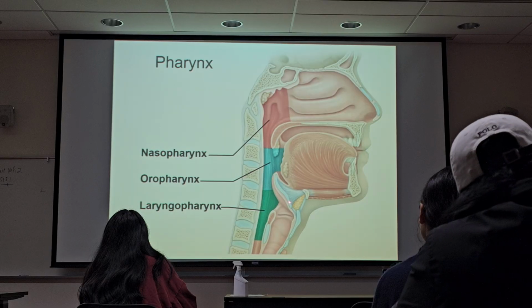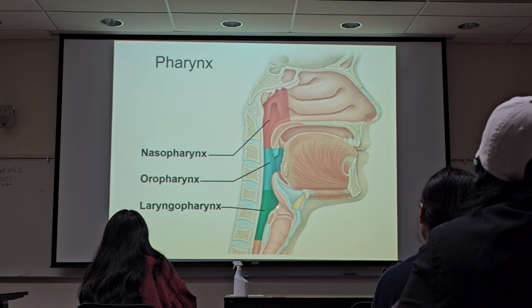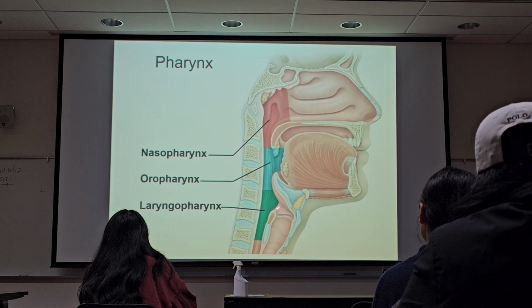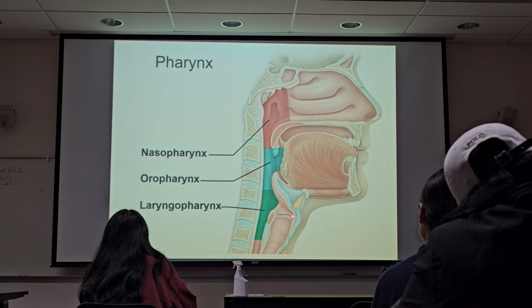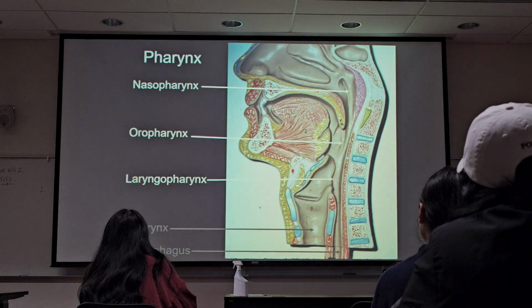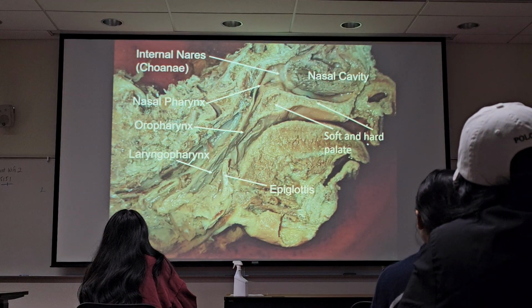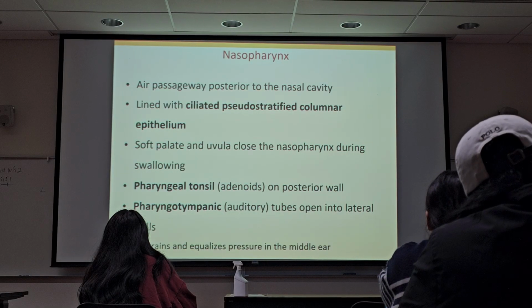Every time we swallow food, that pushes the epiglottis, the lid to the larynx, closes it so that food does not go down into our respiratory tract. Let's talk more about that as we get to the digestive tract.